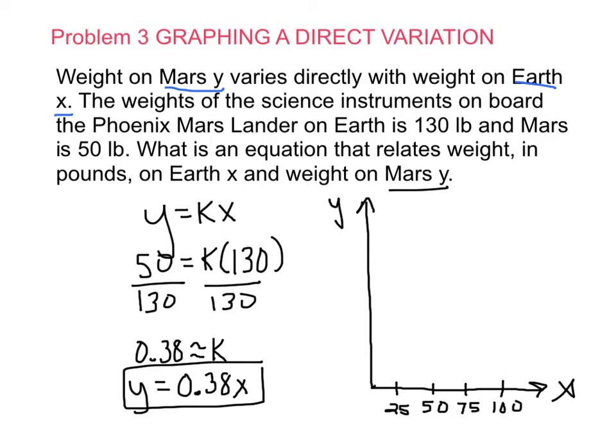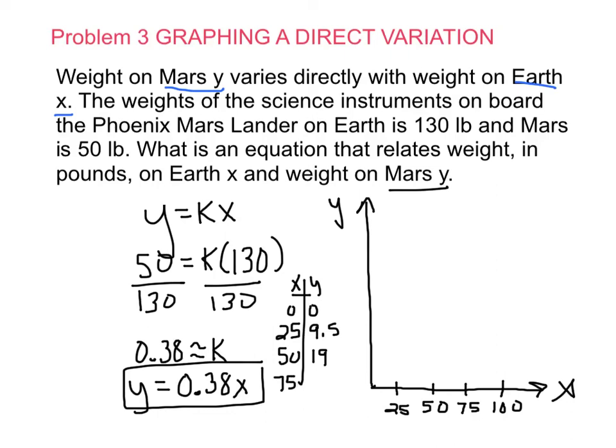So I'm just going to make a t-table here. If I plug in 0, it's going to be 0. If I plug in 25, 25 times 0.38 is 9.5. If I plug in 50, I get 19.